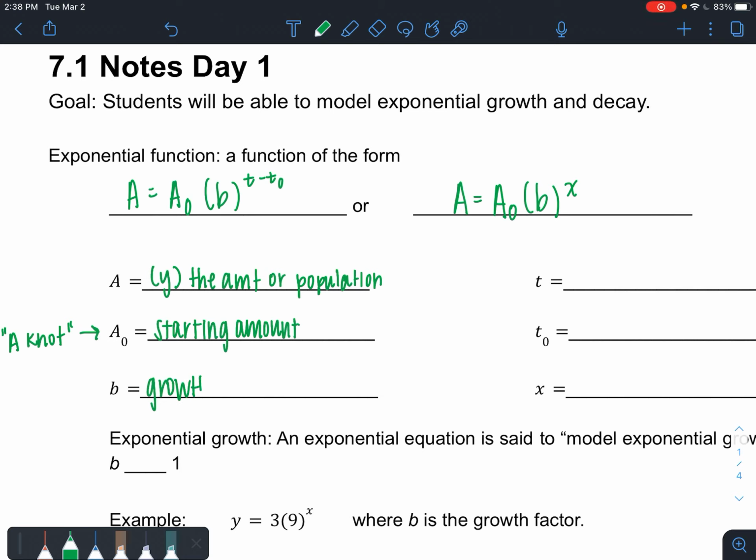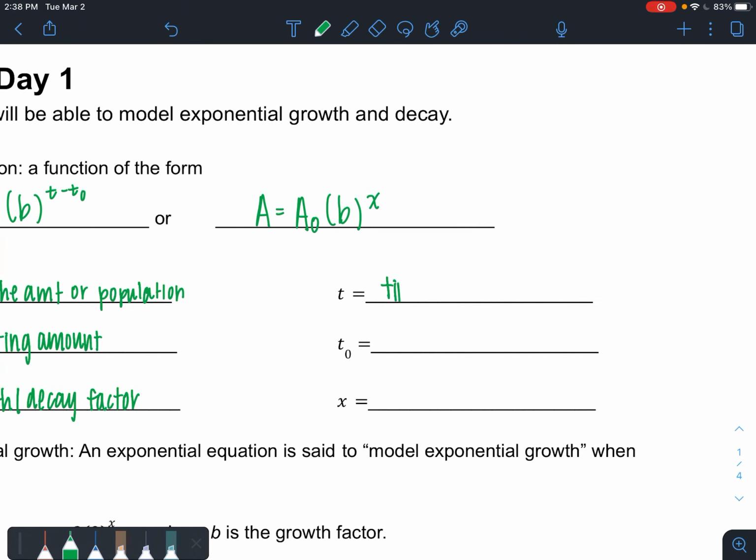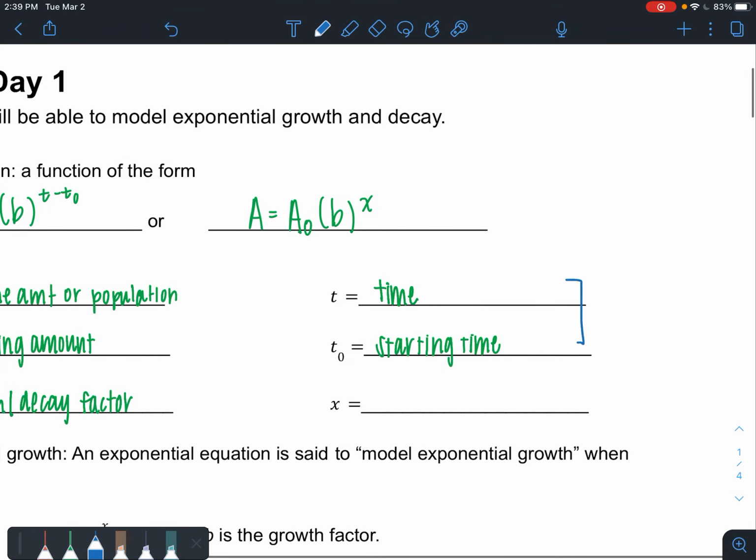B is the growth or decay factor. We'll talk more about that in a second. T is time, and T naught is our starting time. And again, we use these when we're comparing two times.